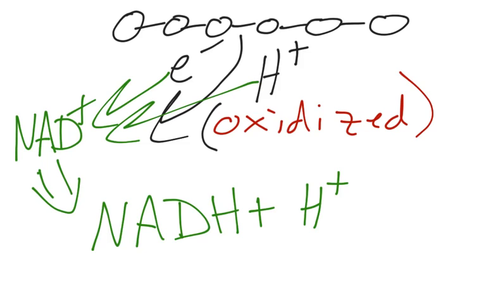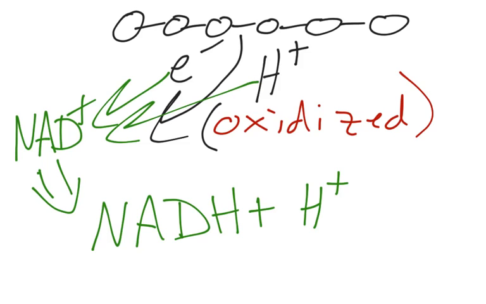NADH only takes 1 hydrogen, but the other one follows and hangs out, following it into the electron transport chain. Only the one H goes with it. So that's one of what we call an electron carrier. It transports electrons to the electron transport chain.